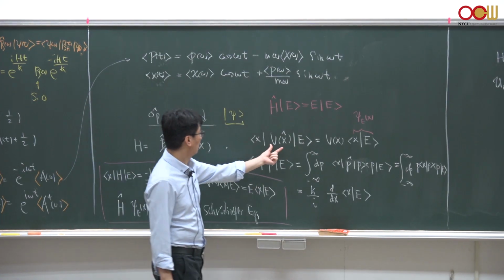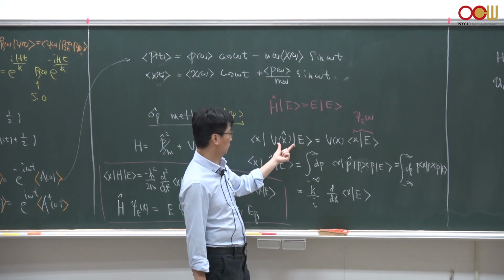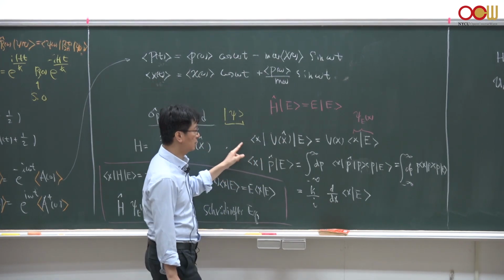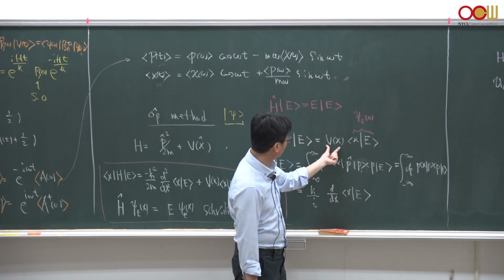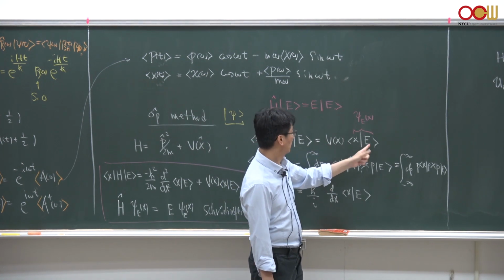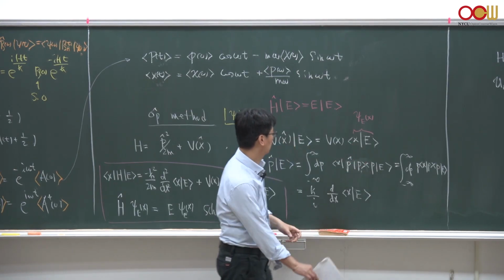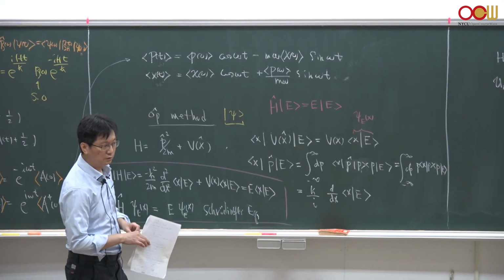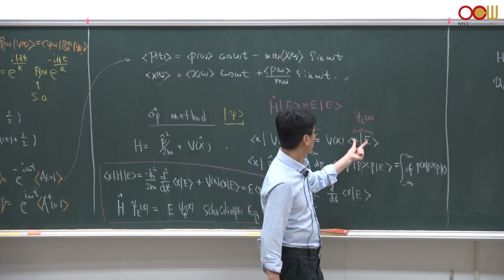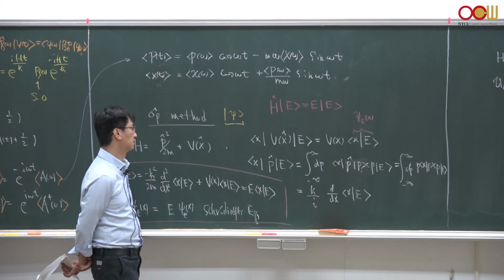For the potential energy part, it's very easy: you could project this resulting Dirac ket state onto this position eigenbasis. Then you end up getting this potential function V of x times this state E, actually in the dot product with this position eigenbasis as a Dirac bra state. So this projection immediately tells you that this is the Schrödinger wave function, right?